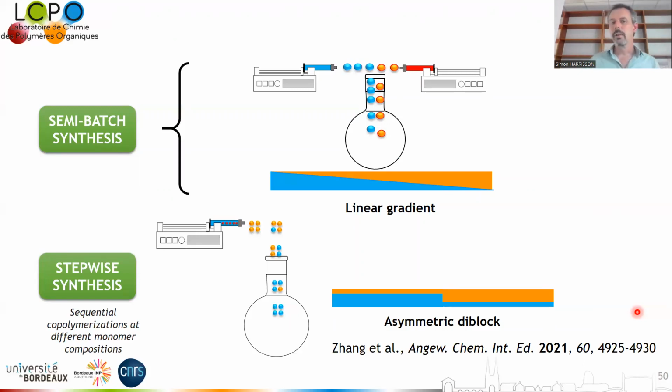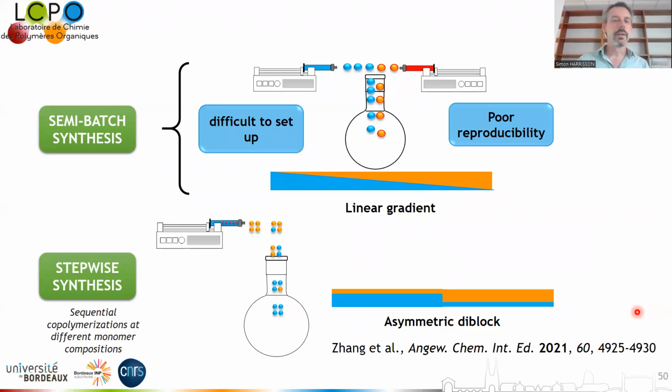And we did that using quite a complicated semi-batch setup with 2 syringe pumps, adding the different monomers at different rates and trying to maintain the appropriate concentration of each reagent as the polymerization proceeded in order to get that nice linear gradient while maintaining control of the polymerization. As you can imagine, that was quite a difficult process with relatively poor reproducibility, and it took us a long time to get some nice linear gradient copolymers that we were happy with.